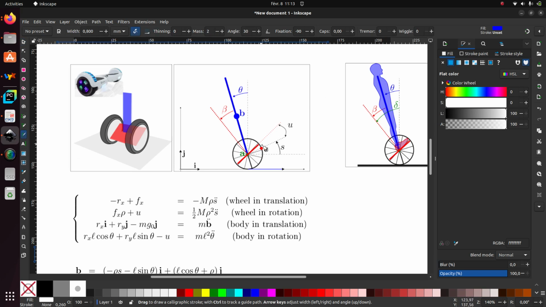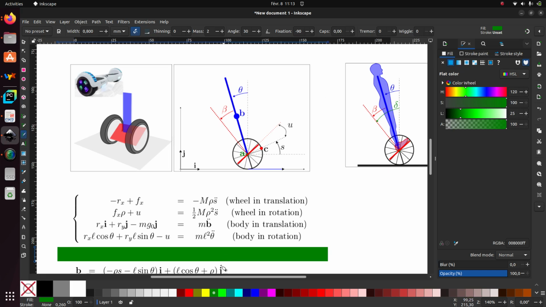For this we have the board in red, and between the pendulum and the board a reaction force, which I will call R. And between the pendulum and the wheel we have a reaction force which will generate Rx and Ry.